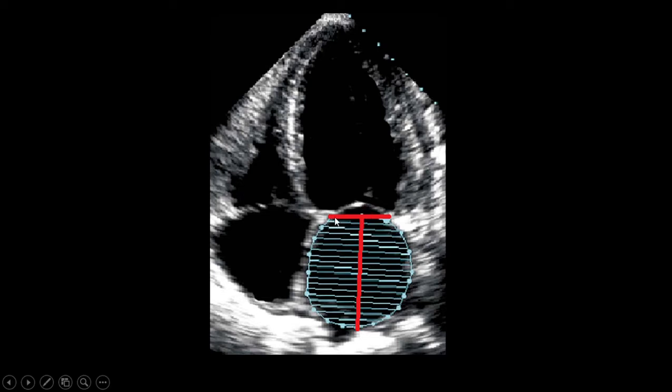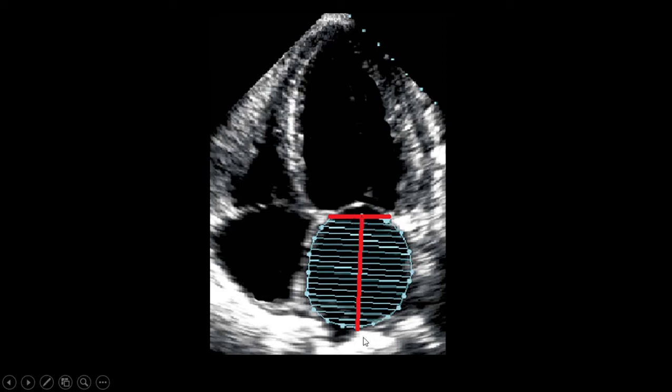Then we start at the medial annulus and trace the endocardium. We don't include the pulmonary vein or the left atrial appendage. We just trace, and when we get to the lateral annulus, we double click and the machine calculates the left atrial volume for us.